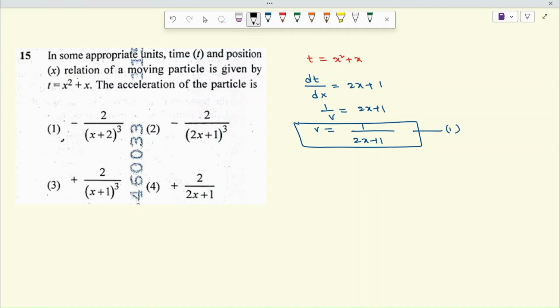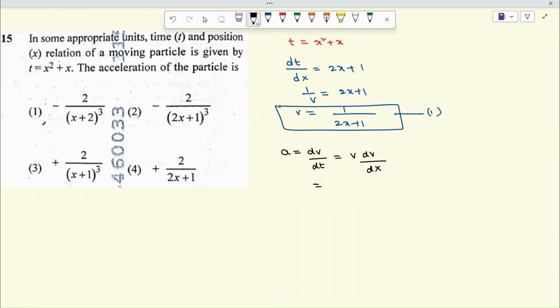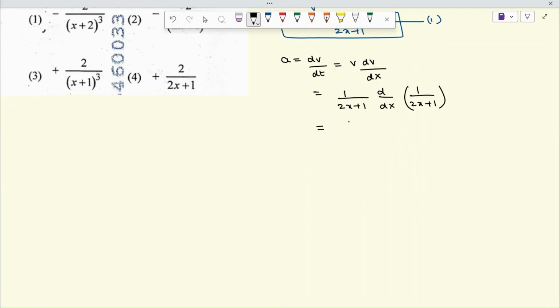But the question is to find acceleration. You know acceleration is equal to dv by dt, which can also be written as v into dv by dx. What is v? 1 by 2x plus 1. And what is dv by dx? d by dx of 1 by 2x plus 1. Differentiation of 1 by 2x plus 1 as usual becomes 2x plus 1 whole power, here it is denominator, which means minus 1 is there in the power.